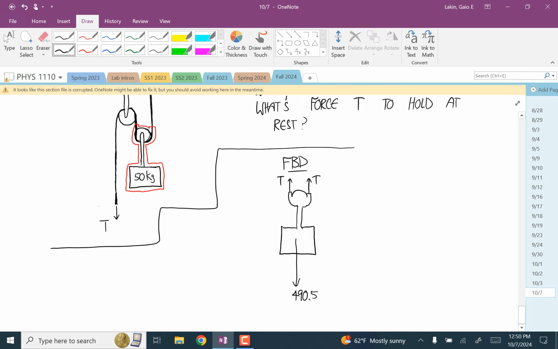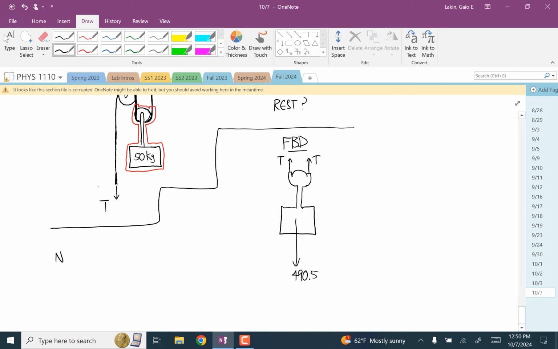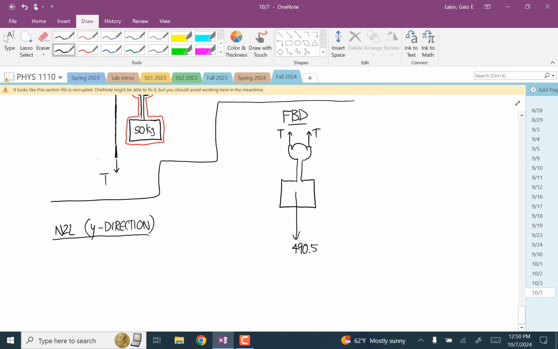And now where we're heading with all this is we're going to be able to put this into Newton's second law. So let's think about Newton's second law here. And I'm just going to think about the y direction, up and down. So we have two of these T forces pointing straight up. So we have T plus T. Acting down, we have 490.5.